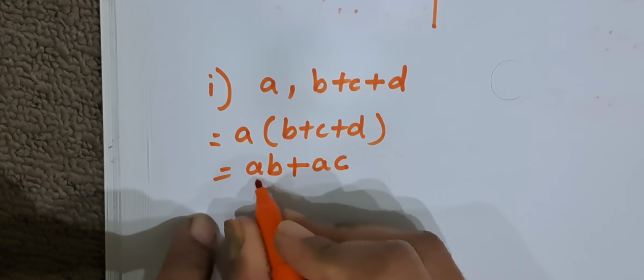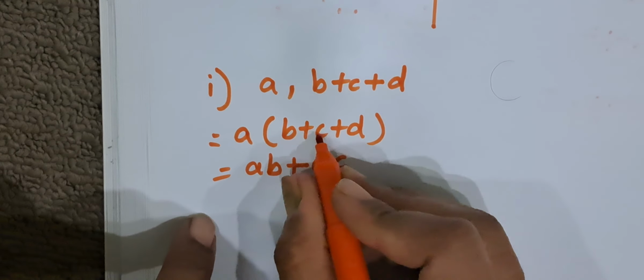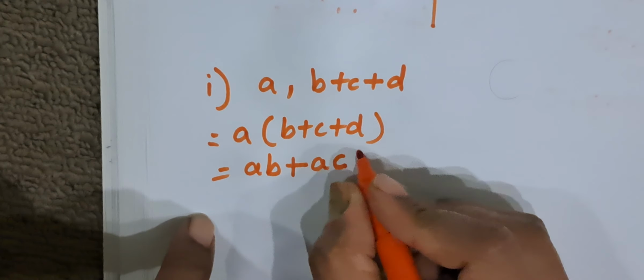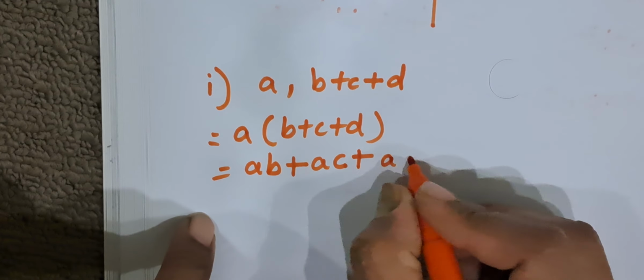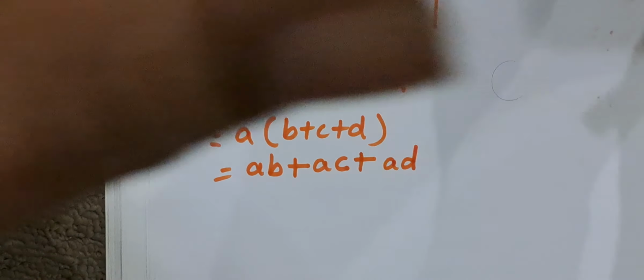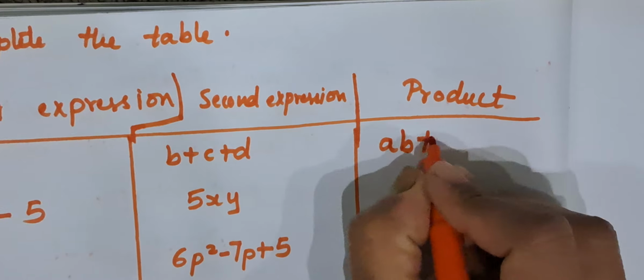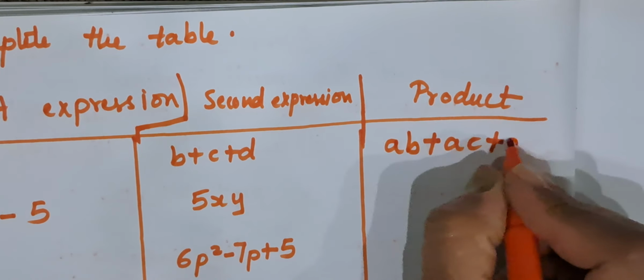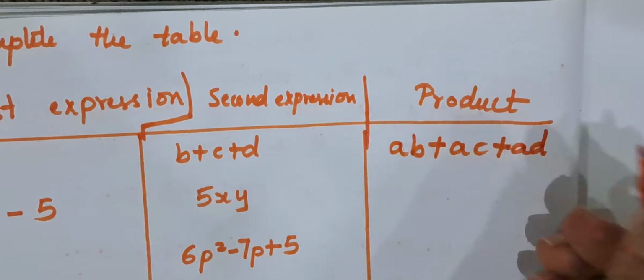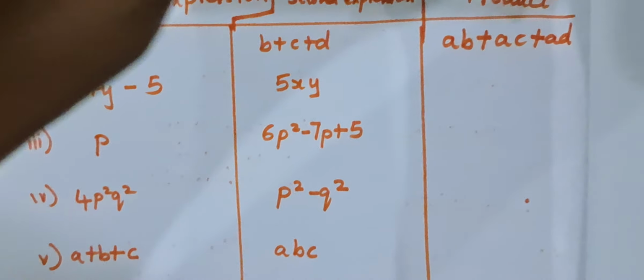So A into B is AB plus A into C is AC plus A into D is AD. This is the answer for the first one. We will write it down here. It is AB plus AC plus AD. That is the product of the two expressions in the first one.